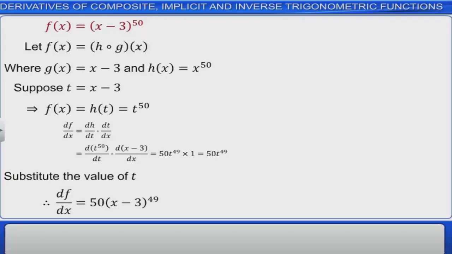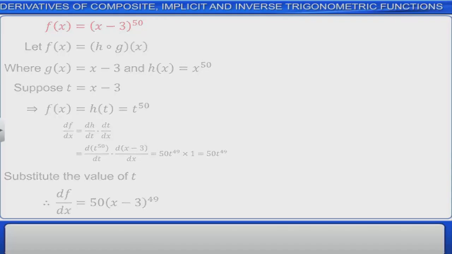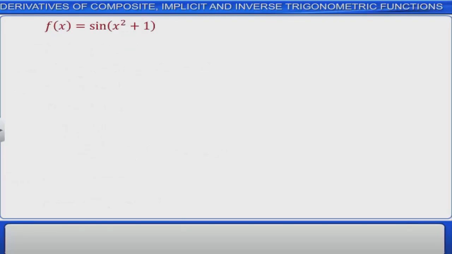Let's now find the derivative of another function, f of x is equal to sine of x squared plus 1, by using the chain rule. Clearly, f of x is a composite function involving a trigonometric function and an algebraic function. Let's define the function as h circle g of x, where g of x is equal to x squared plus 1 and h of x is equal to sine x. Suppose t is equal to x squared plus 1.